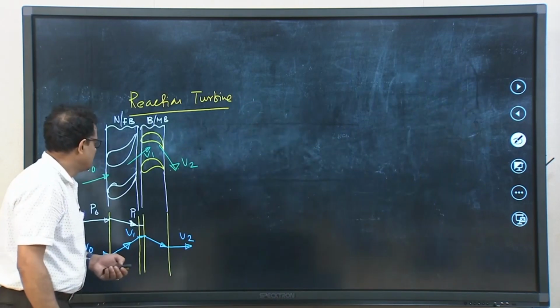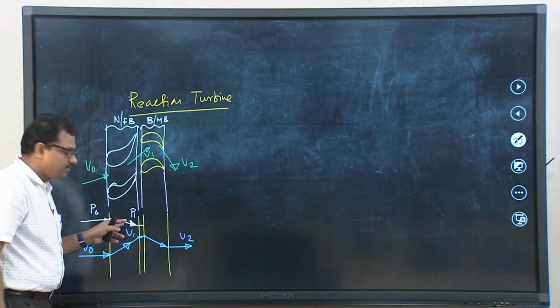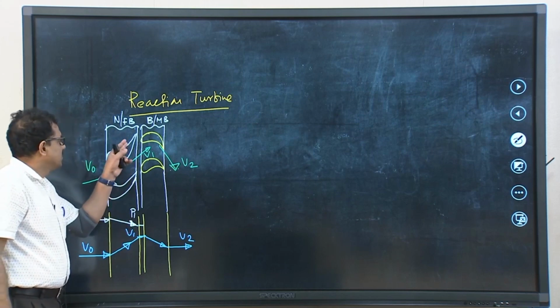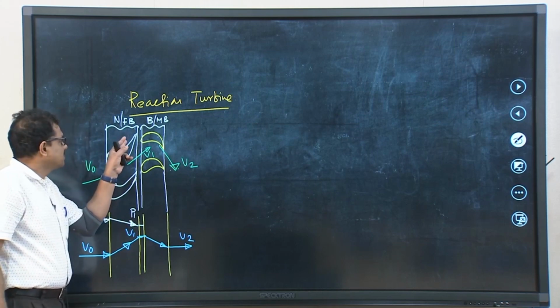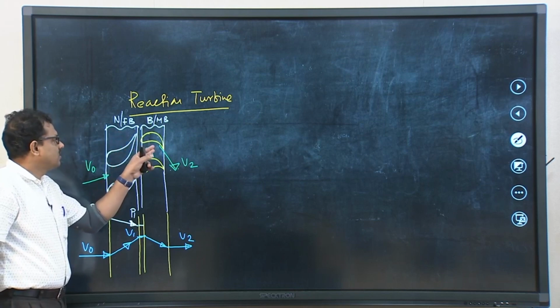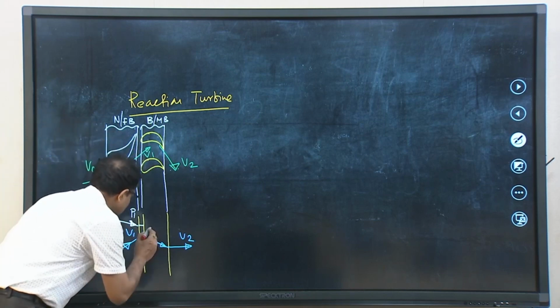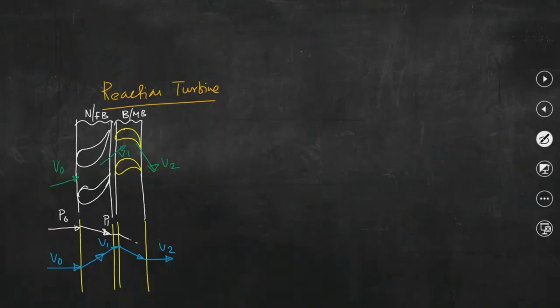But in case of this reaction turbine, pressure drops both in fixed blades or nozzle and moving blades. So, still there will be a certain drop in pressure, and say this is P 2.